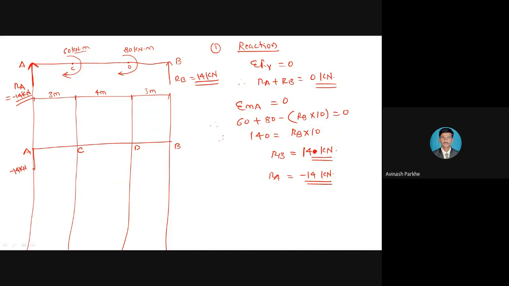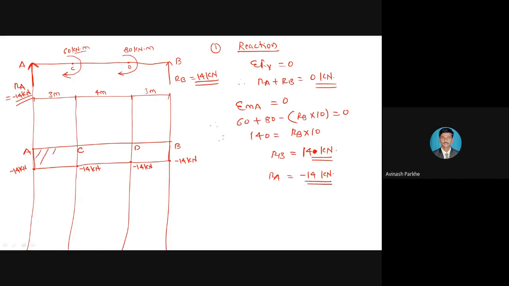Shear force at point C minus 14. Shear force at point D minus 14. Shear force at point B without load minus 14 kilonewton, and shear force at point B with load 0.